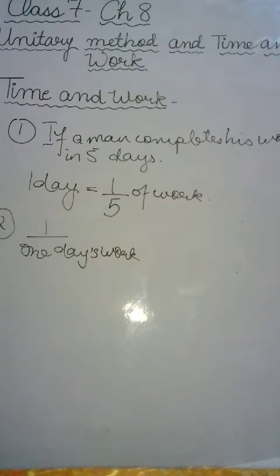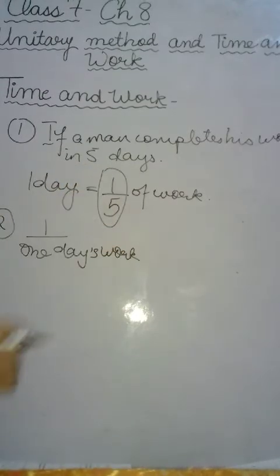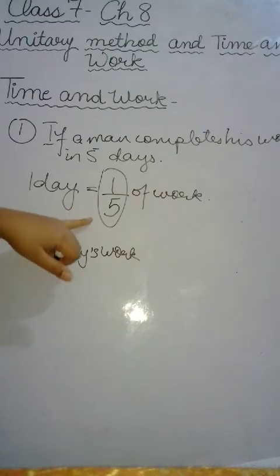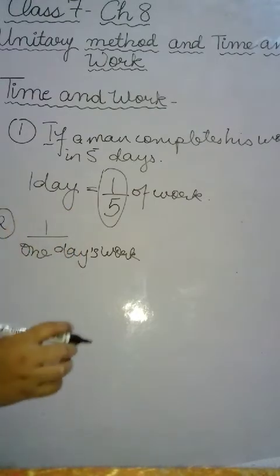If they have already given you the work of one day, suppose in one day the man is doing 1 by 5 of his work, how many days will be required to complete all of his work?